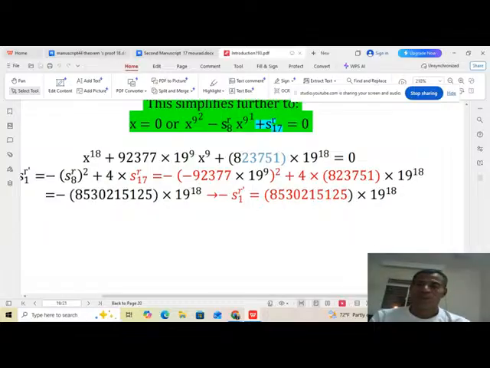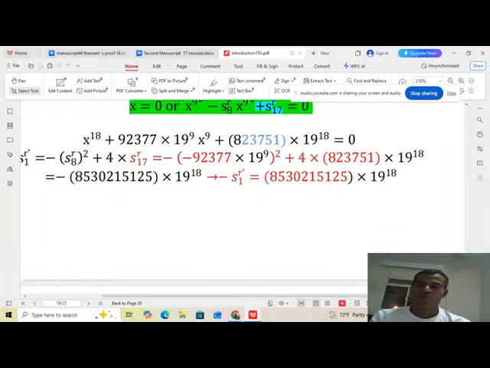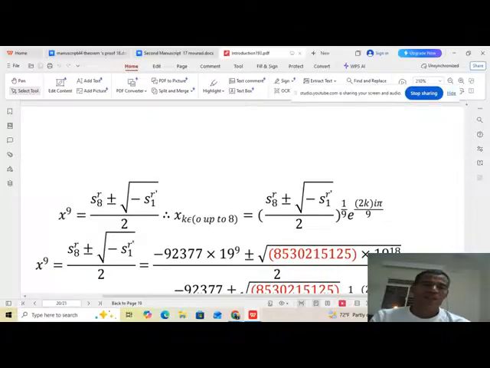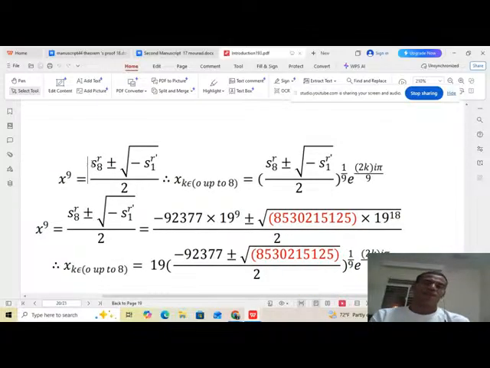So I will try to find the value of x raised to the power 9. Here x9 is equal to S8 plus or minus the root of negative S1, divided by 2. So this is x9. So xk, from 0 to 8, is S8 plus or minus the root of negative S1, divided by 2, all raised to the power 1 over 9, times exponential 2kiπ over 9.